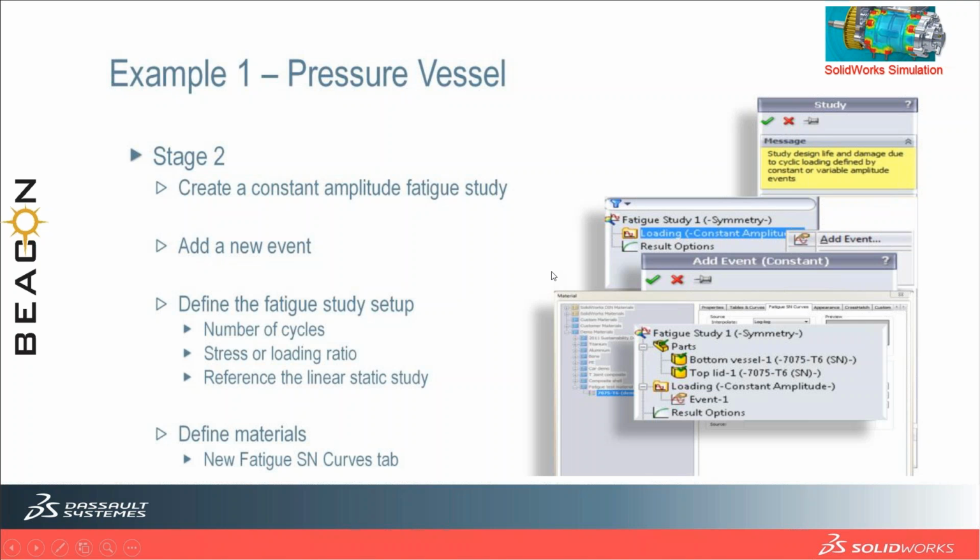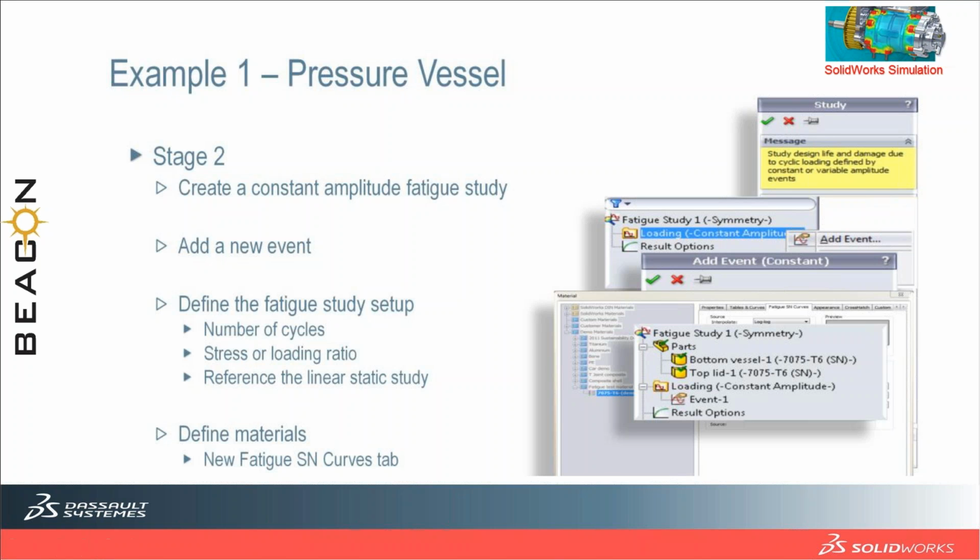Just observe here, what is the second stage? You have performed a linear static analysis. What do you have to do for a fatigue study? You have to define a new study and define a fatigue one. Here you need to add an event. This event helps you define the SN curve, and you have to define the setup here, like the number of cycles and the stress or loading ratio.